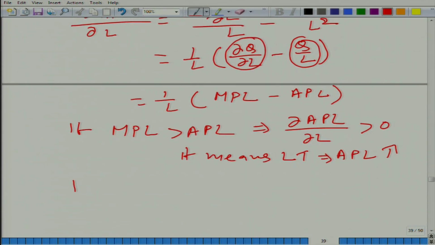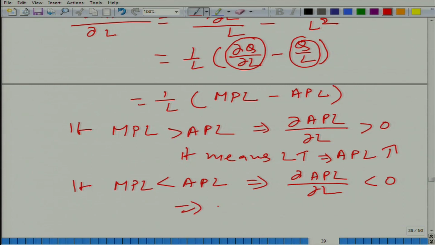Okay. Now, if MPL is less than APL, what does it mean? The partial derivative of average product of labor with respect to labor is negative, and it implies L goes up, APL comes down.